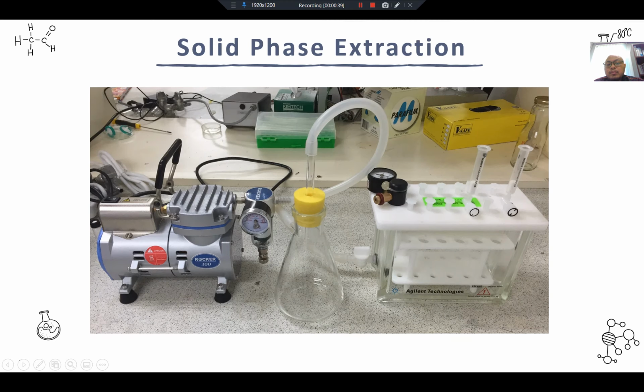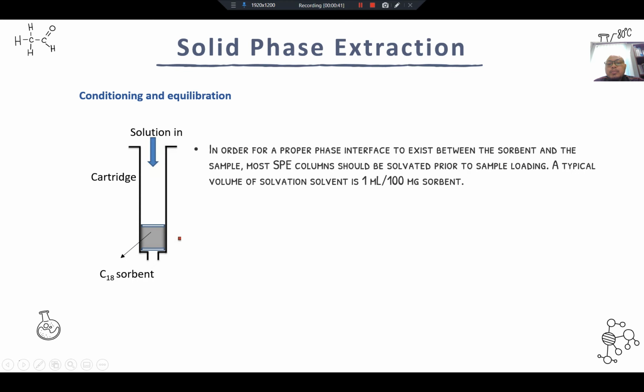So for the typical volume, you need to activate the sorbent. Solvate the sorbent, for example, if you have 1 gram of sorbent, you need to at least solvate it with 10 ml of solvent. Don't get confused.